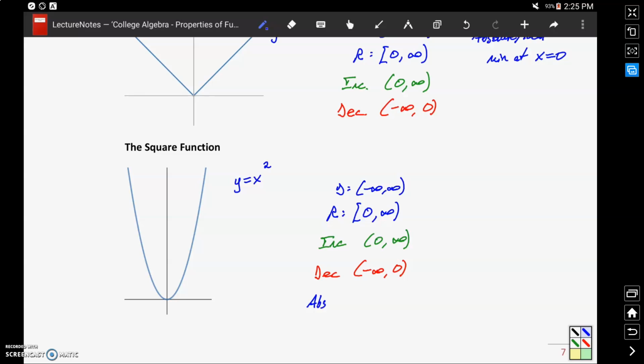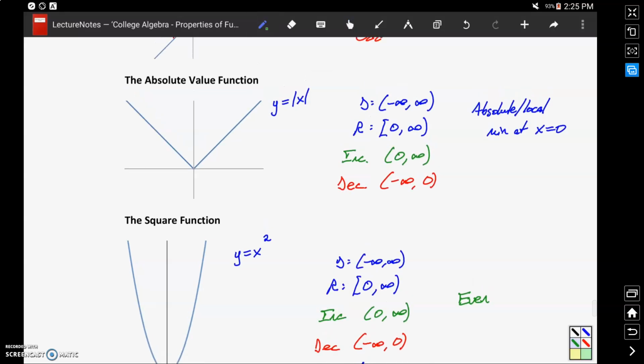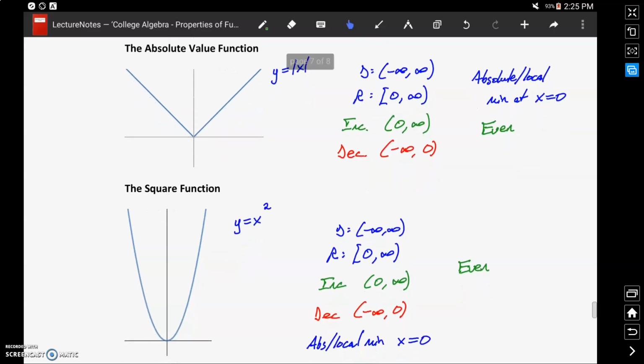It's going to have both an absolute and local minimum at x equals 0, and it's also an even function, which we forgot to mention with the absolute value function. This would also be an even function, since each of these are reflections across the y-axis.